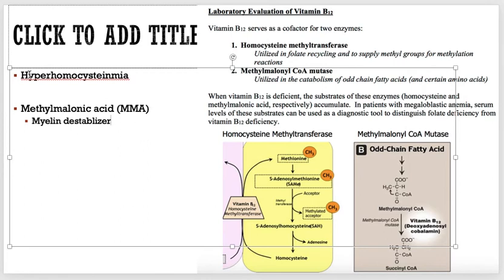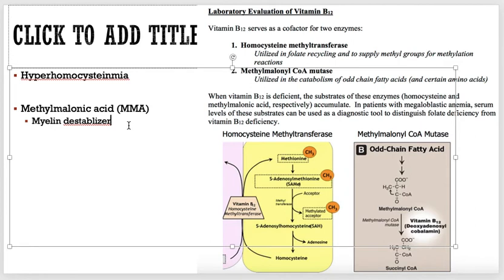So guys, hyperhomocystinemia will give some cognitive issues, brain issues, central issues. Methylmalonic acid will destabilize the myelin sheath, which is basically in the posterior tracts, fasciculus gracilis and cuneatus.